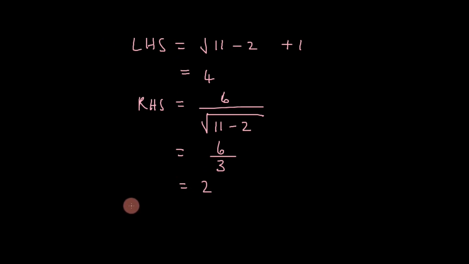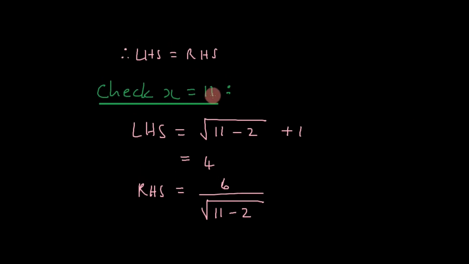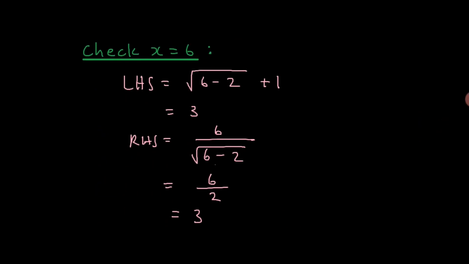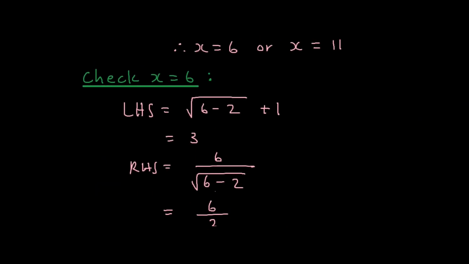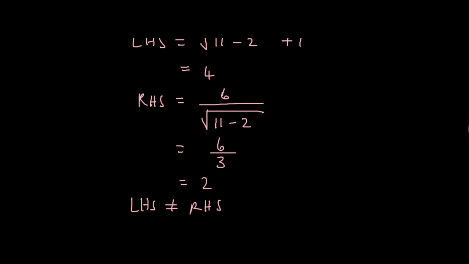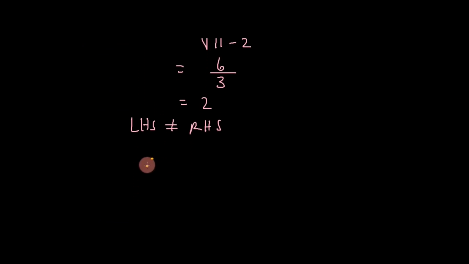So in this case, the left-hand side doesn't equal the right-hand side. And hence, x equals 11 is not a valid answer. So the only answer then will be x equals 6. So then our final answer is x equals 6 only.